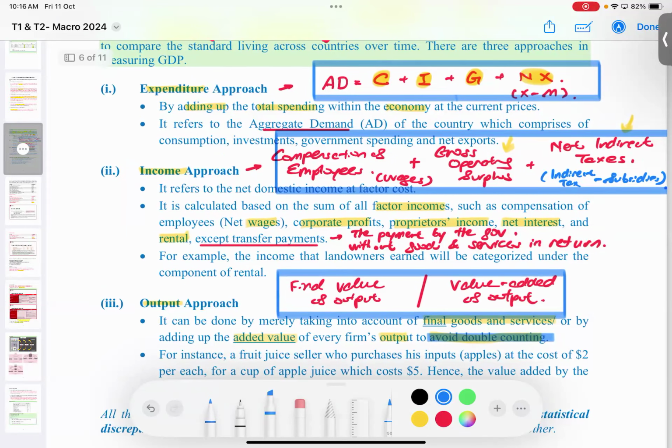Now, I'm going to explain to you why we have to choose either one of it with an example, with a scenario. You try to understand it, because in the midterm you might be asked to explain why we should just look into the value added part to avoid double counting when we are calculating the GDP using output approach. So let's do an example.